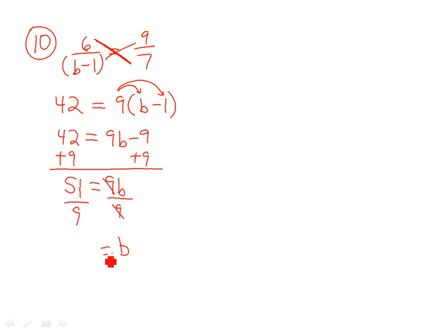The other thing you could do, if you know that 3 goes into both of them, 3 will go into 9 3 times, 3 will go into 51 17 times. You could just leave it 17/3, and I would accept that answer. That's probably the best answer of all of them.